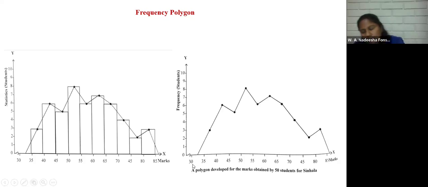There is a standard frequency polygon shape that is like a bell shape. Beyond that bell shape, we can have several types of frequency polygons. But the basic polygon is considered as bell shape. Then based on that, we define the skewness.